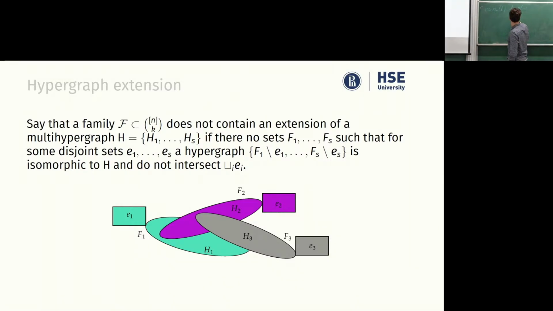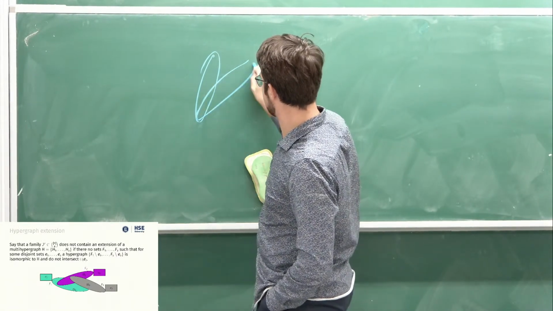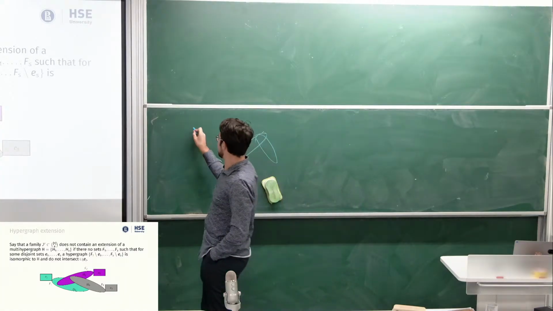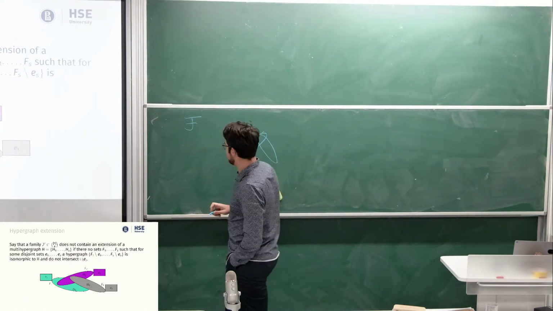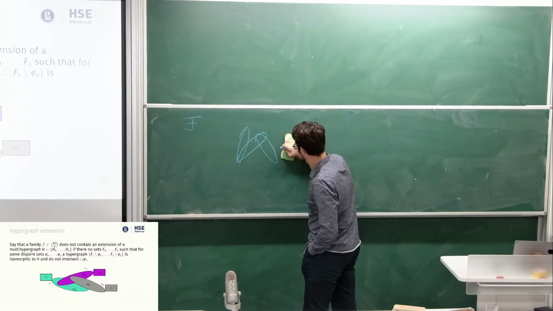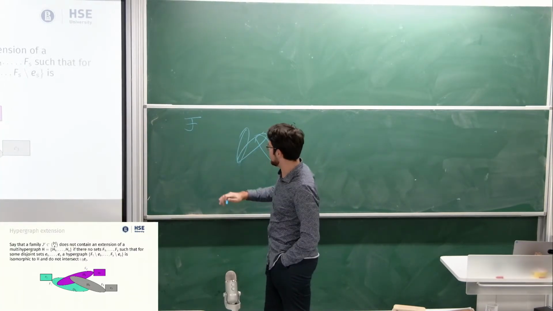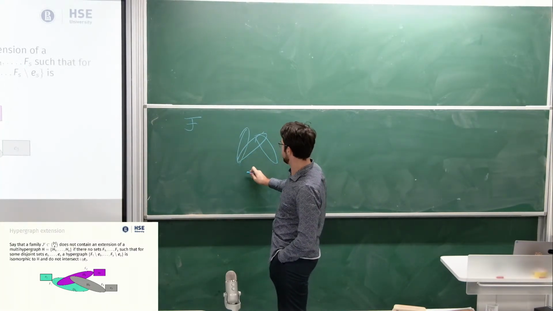If we have some hypergraph H with s edges, how large could the family F be such that F doesn't contain an extension of this hypergraph?